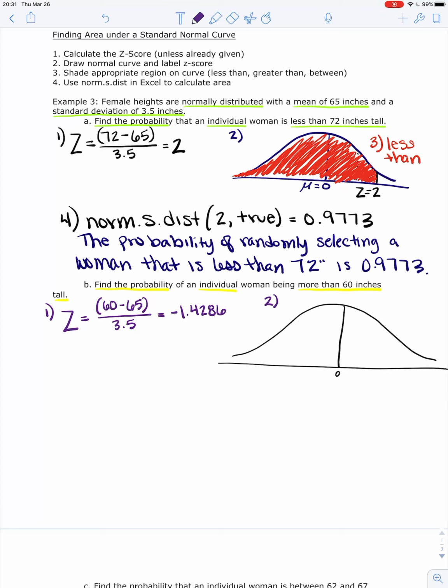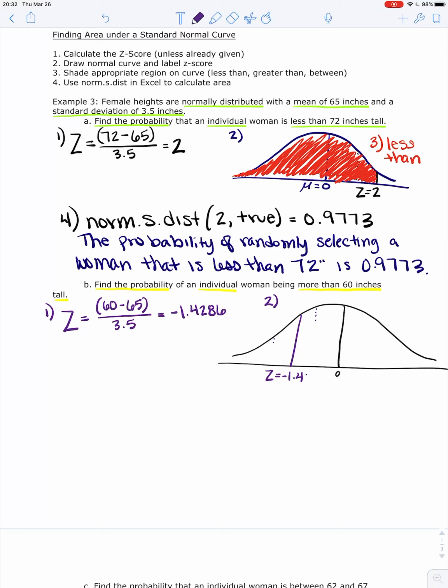So we're below this value, because everything to the right of 0 is positive and everything to the left of 0 is negative. We're somewhere between 1 and 2 standard deviations away from the mean. If I eyeball it, maybe this is 1 standard deviation, maybe this is 2, and we're at a little less than 1.5. That looks about right to me.